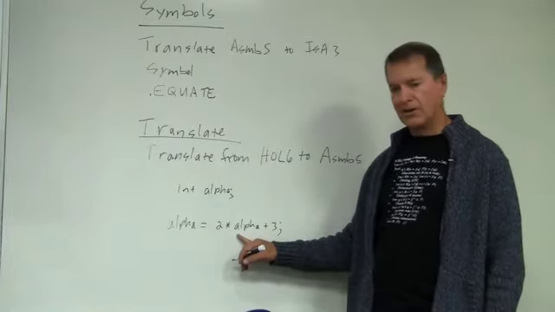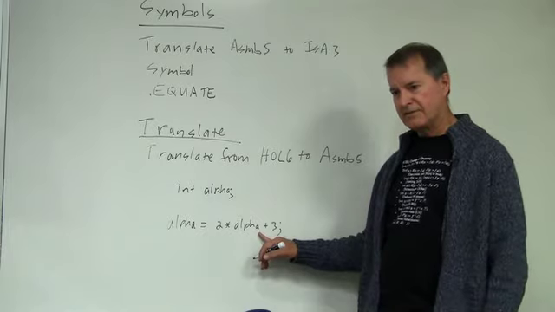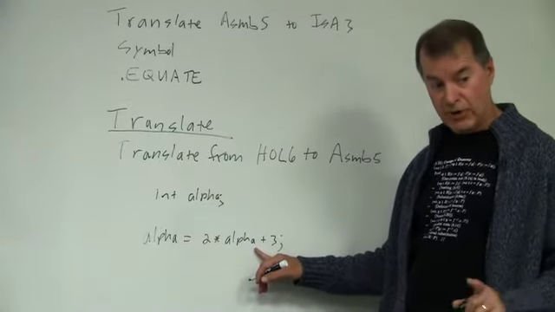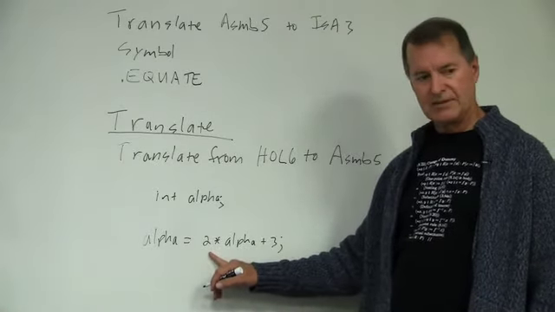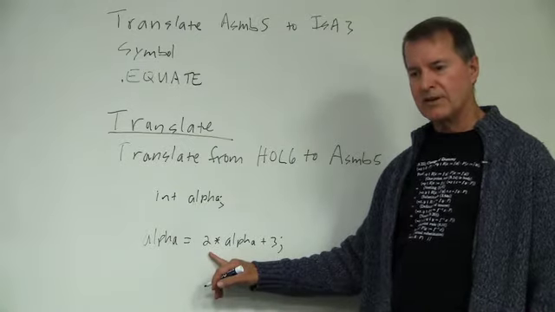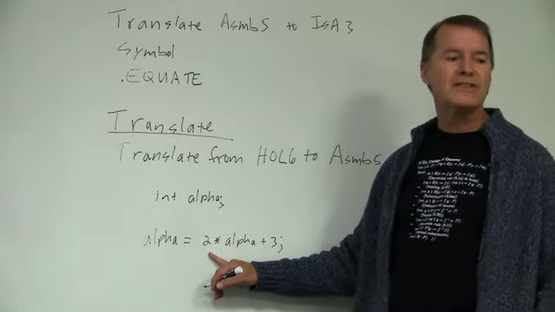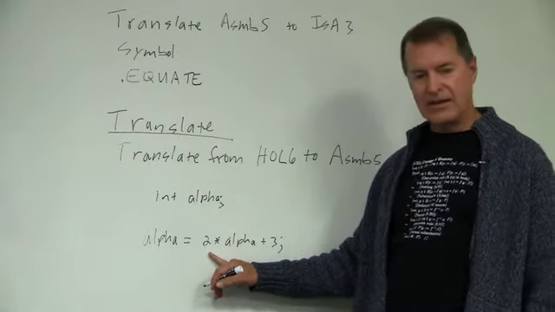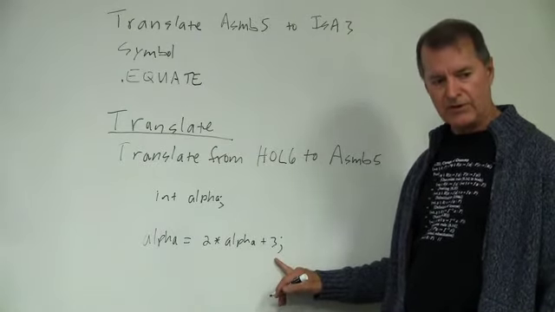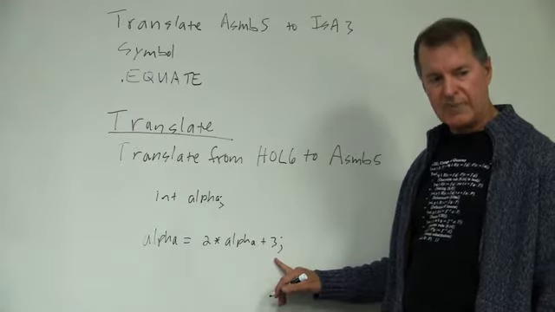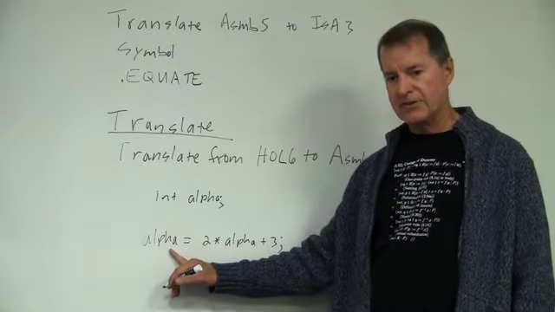So it would be load accumulator, alpha, direct addressing. And then arithmetic shift left, which is ASLA. That's unary, so ASLA, and then add accumulator, 3, immediate, very good. And then store accumulator, alpha, addressing mode direct.